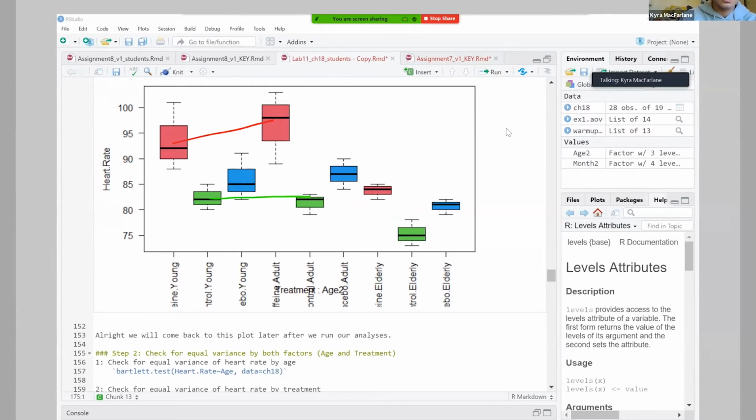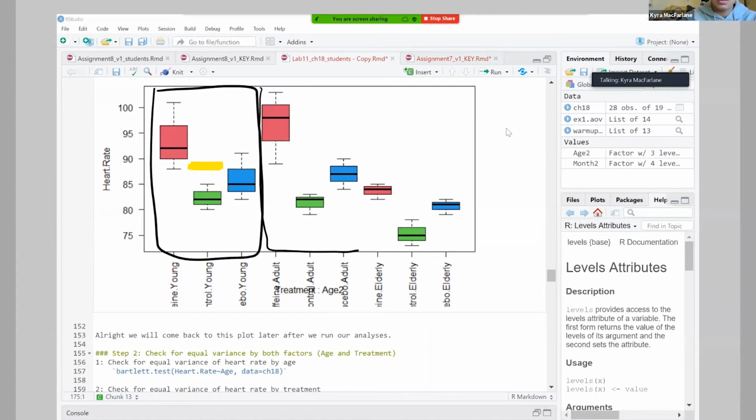Another way to think of that is let's look at just young. If we were to ignore caffeine treatment altogether and just average these together, we'd say the average is maybe around here. Let's do that for adult.